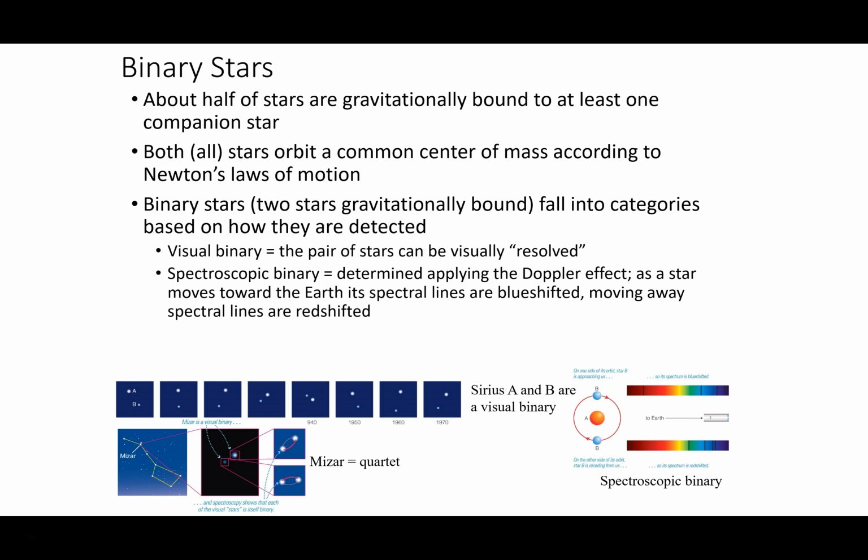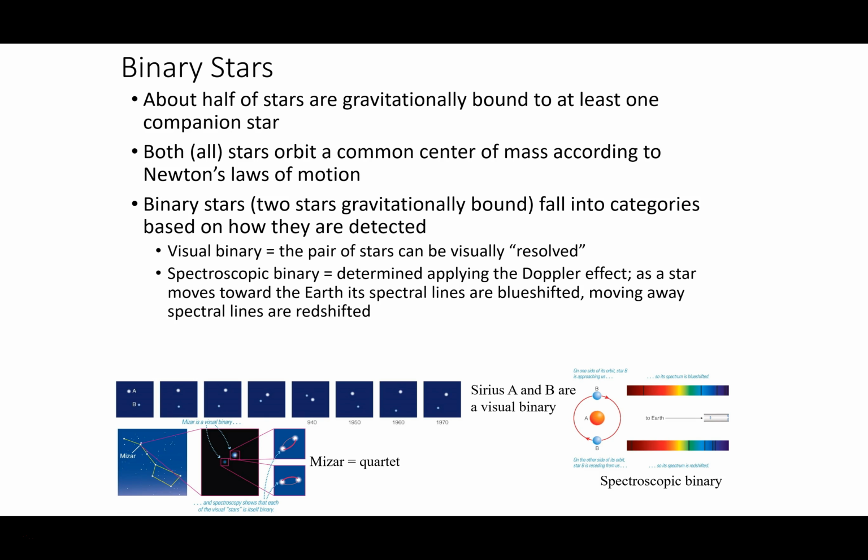So, stellar spectra. Do you remember we said that with the spectral lines, if something's moving towards you, you'll get a blue shift, and the lines will move over to the shorter wavelength. If something's moving away from you, you'll get a red shift, and the lines will move over to the red part. And that's what we see here.